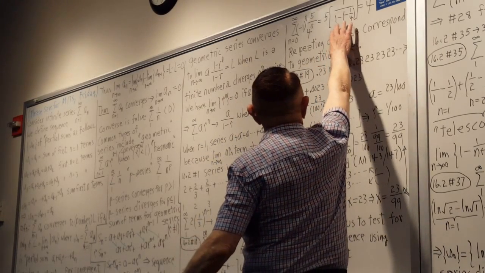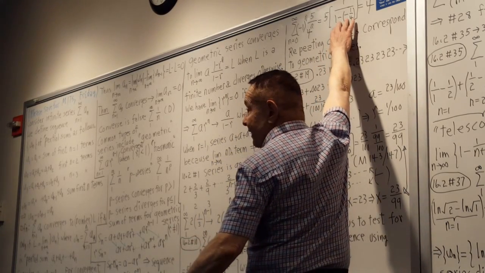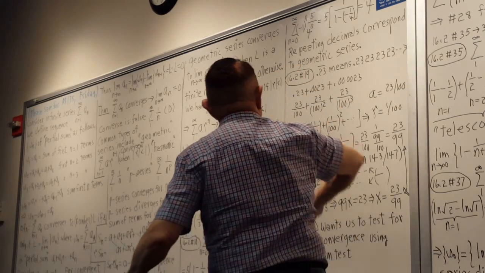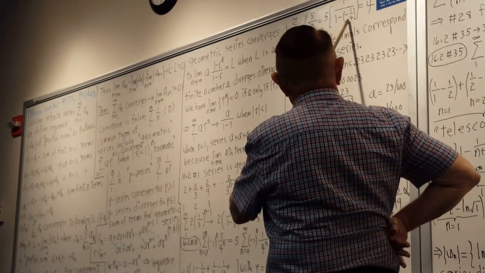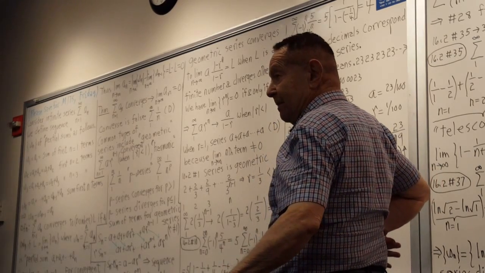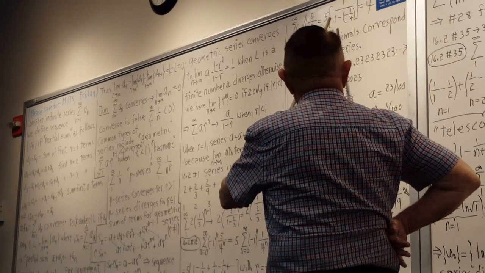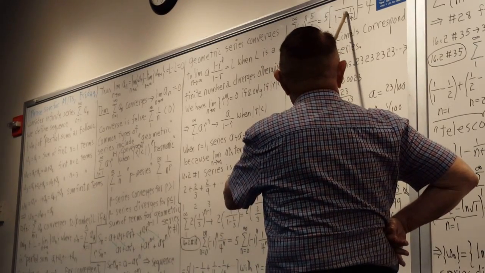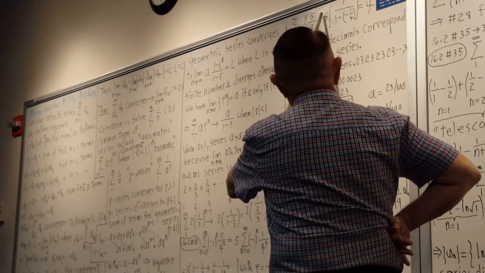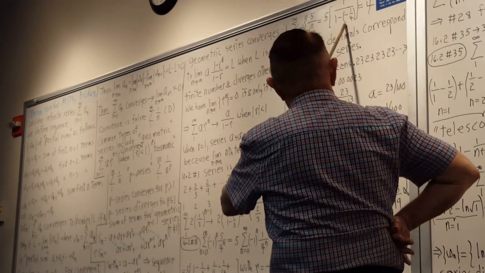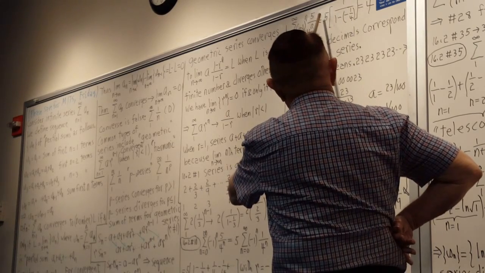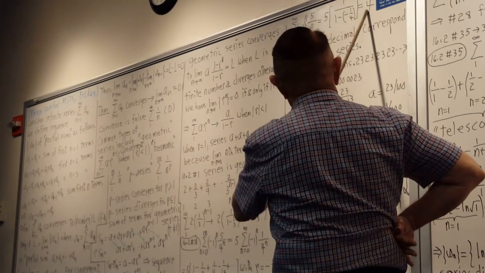Notice when your common ratio is negative, like it is in this one, and you do 1 minus, your denominator is something bigger than 1. And so you see what it is, it's 5/4. So you have 5 times 1 over 5/4. So invert and multiply, and you have 5 times 4/5, which is the 4.